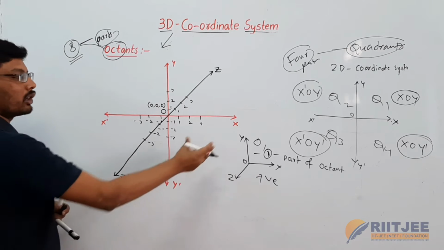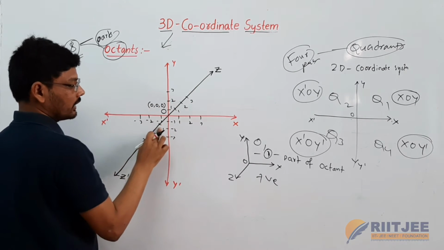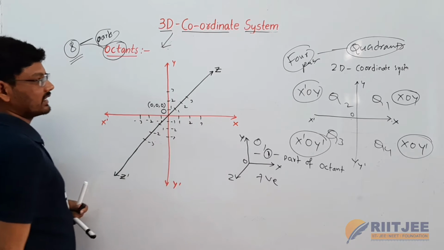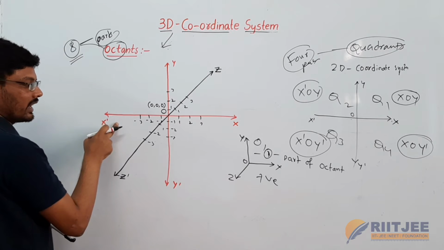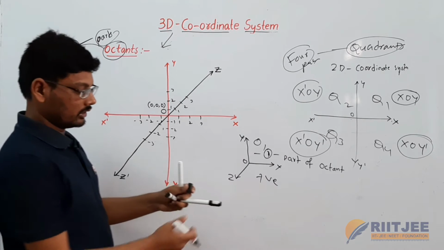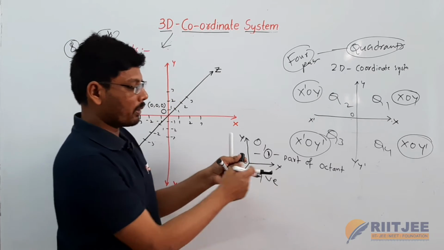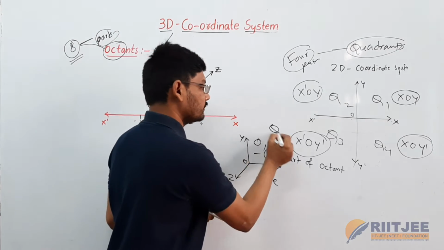Here 1, 2, 3 are positive values, and minus 1, minus 2, minus 3 are negative values on the z axis. Positive values on the x axis, positive values on the y axis, positive values on the z axis, and negative values on the x axis, negative values on the y axis, negative values on the z axis here.